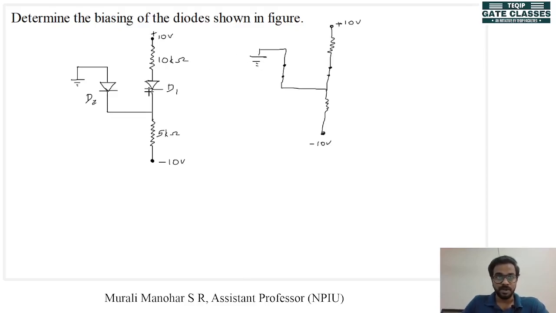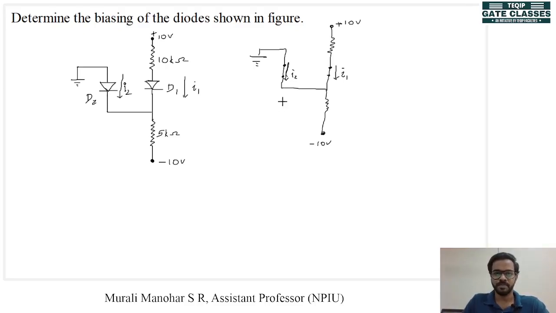But when we make this assumption that these diodes are forward biased or short circuits, we have to keep in mind that the current direction should not change. For a forward biased diode, the current flows from anode to cathode. So the current direction in D2 must be in this direction, and the current direction in D1 must be in this direction. Let's denote those currents I1 and I2. According to our assumption, current I2 must flow in this direction and current I1 must flow in this direction.